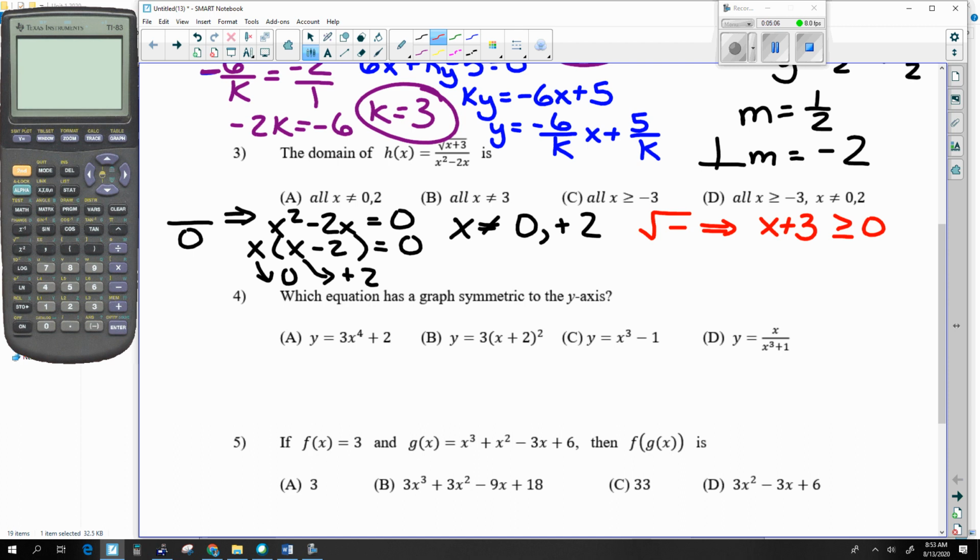So in that situation, x has to be greater than or equal to -3. I did not multiply or divide by a negative number, so no alligator change. So the complete domain of this is x has to be greater than or equal to -3. Also, x cannot be equal to 0, nor can it be equal to 2. So that would be option D right there.